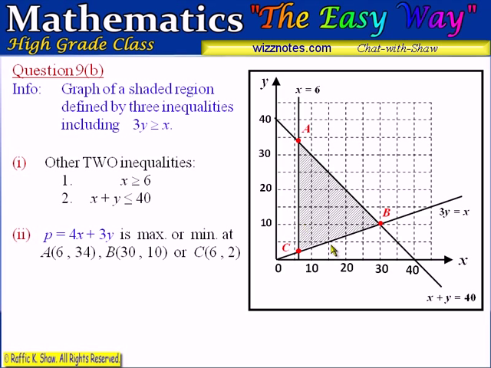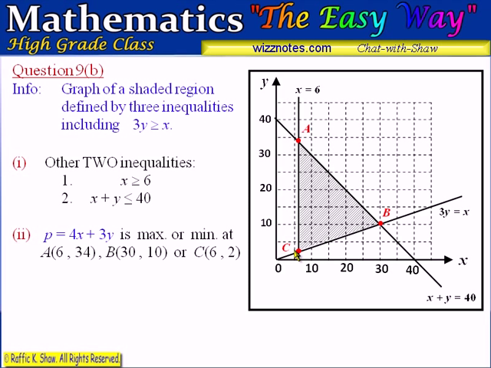And based on what we have here, if we wanted to calculate the minimum value of P, clearly we would have to come to point C, because C is where we have the smallest value of x and y together.